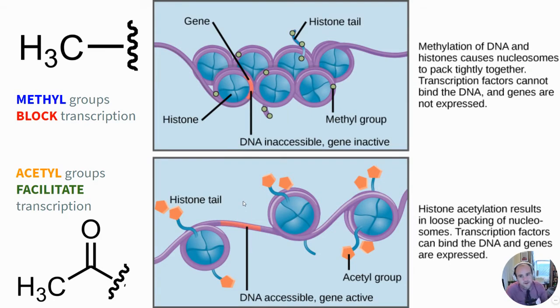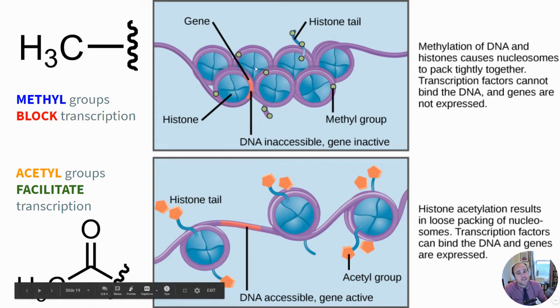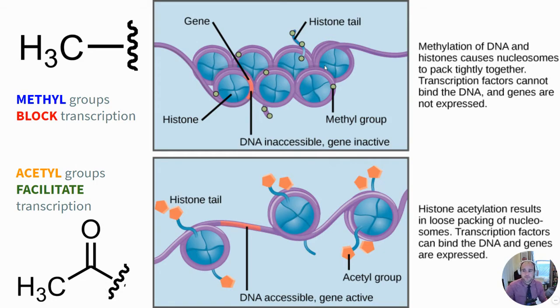And the really cool thing about these is that this is how we differentiate between different cells in our body. Your stomach cells don't need to make neurotransmitters that your brain makes. And so it has the genes to do that, but they're heavily methylated in the stomach so that they're never transcribed and we don't make any neurotransmitters.